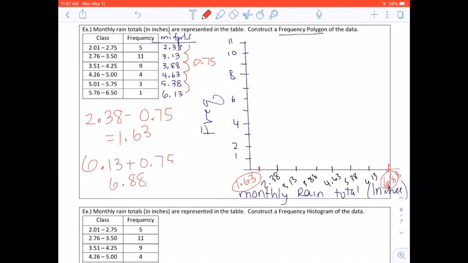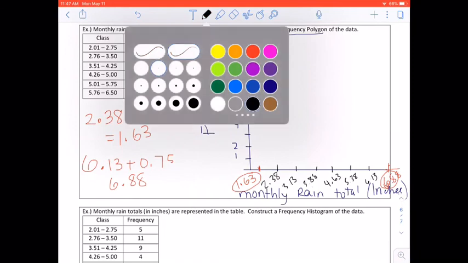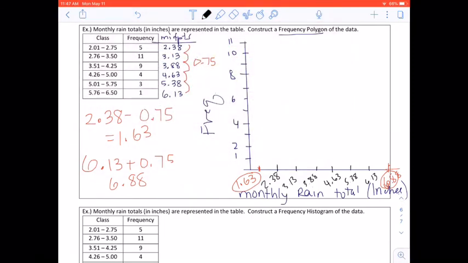So make sure you guys have those values in. From here, we're going to go on and put dots for representing our frequencies and our midpoints. So at 2.38, we have 5. At 3.13, we have 11. And then continuing in this way for the rest of our data.